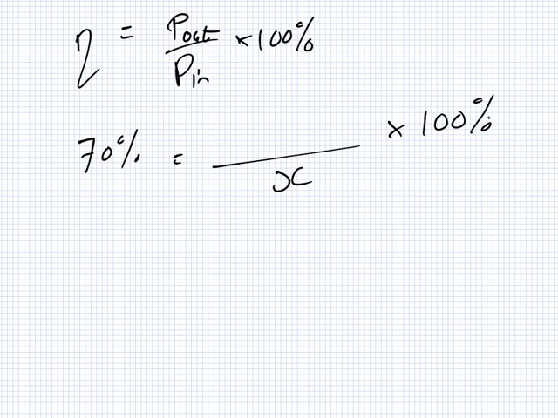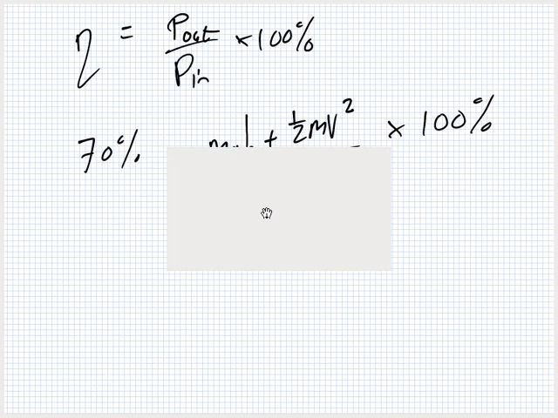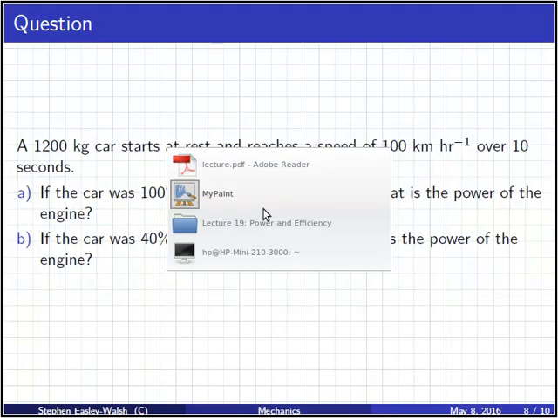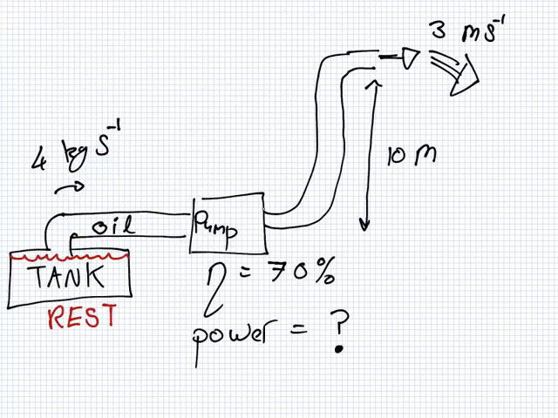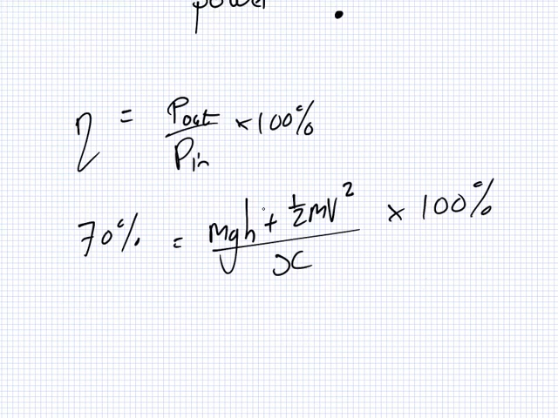What is the pump doing per second? Per second it's taking 4 kilograms of oil, and what is it doing? It's raising it, and give the speed. I'm sorry, I thought it was 200. Right, 4 kilograms, thank you.